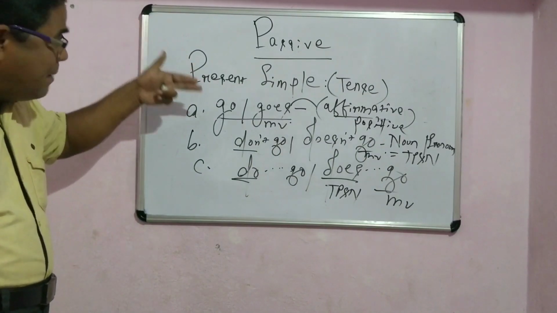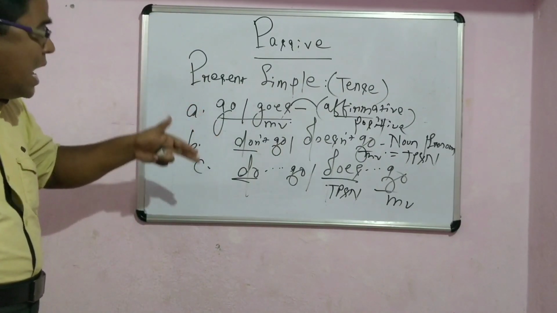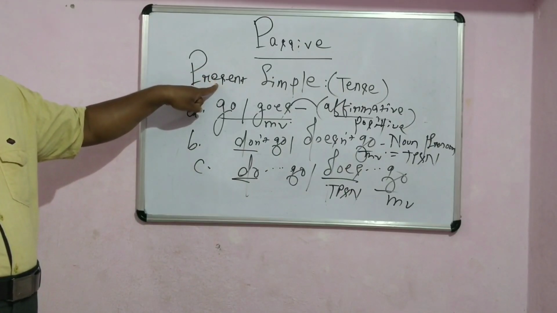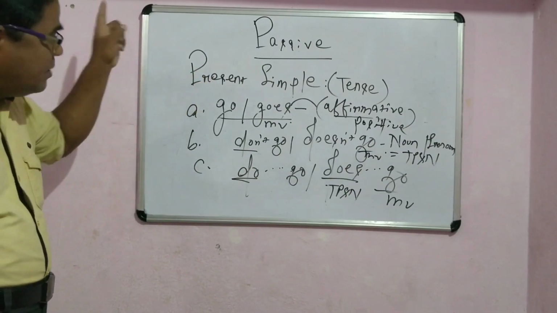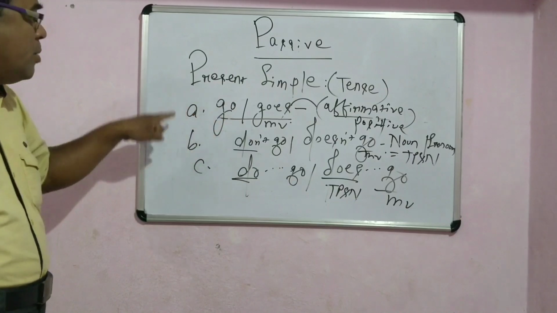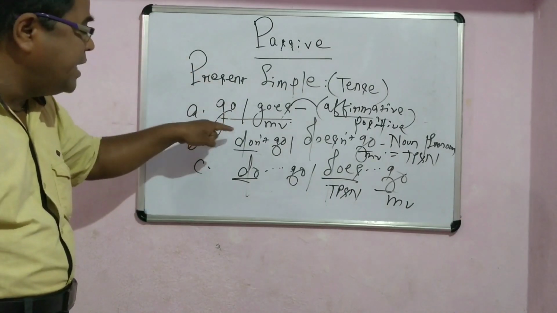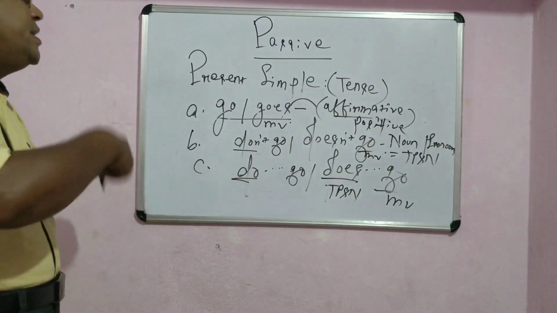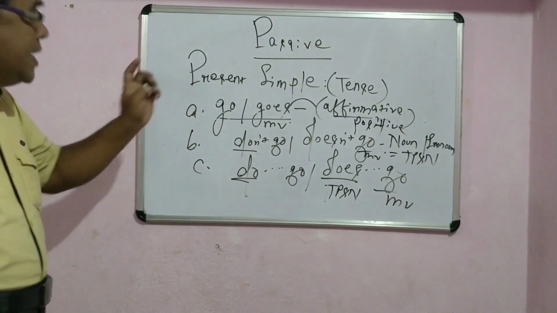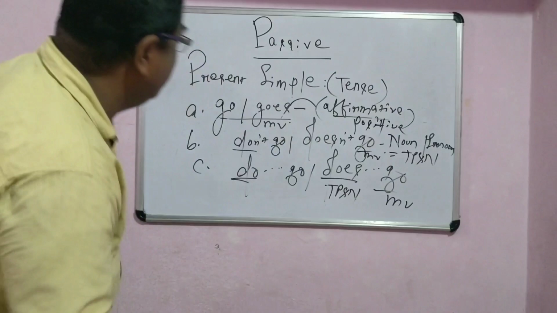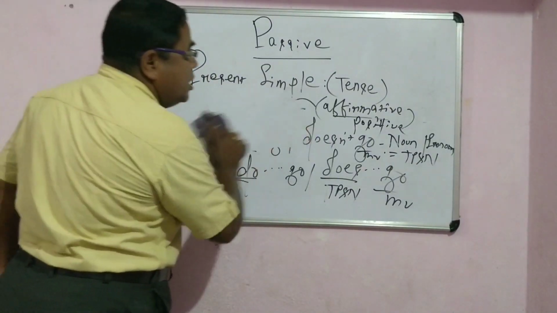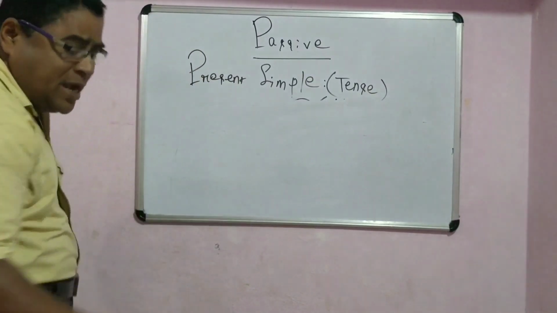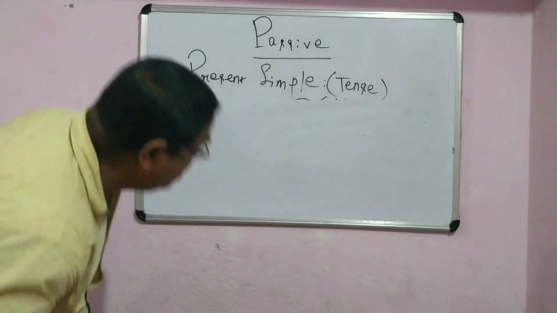So affirmative, negative and interrogative, these three forms come under present simple. Your present simple can be used in the affirmative, in the negative, and also in the interrogative while changing active into passive. Now I am explaining with certain examples. You just look at the examples of how active and passive are changed.